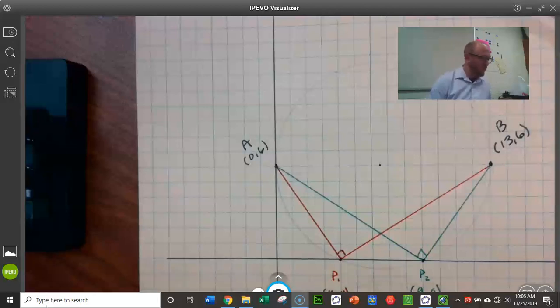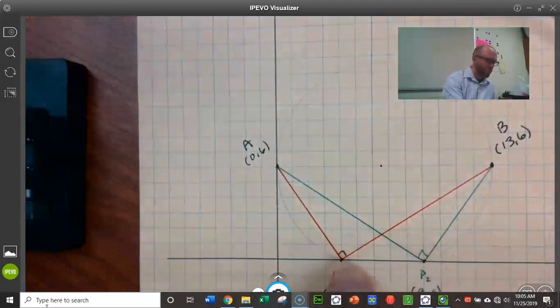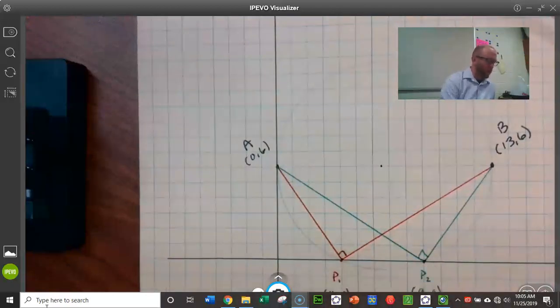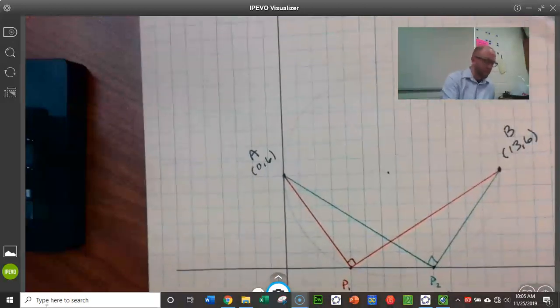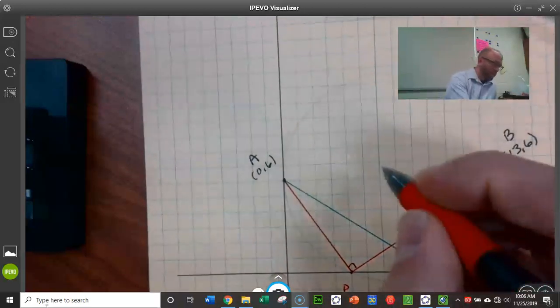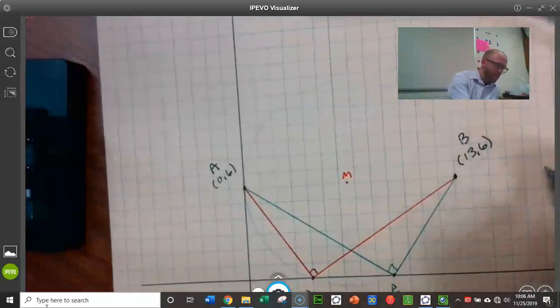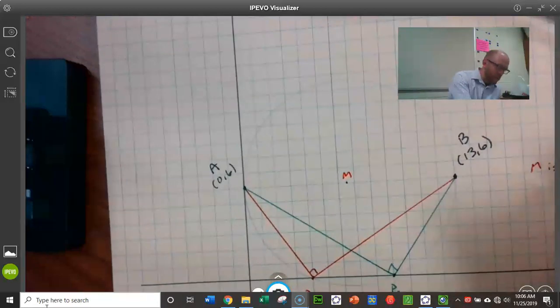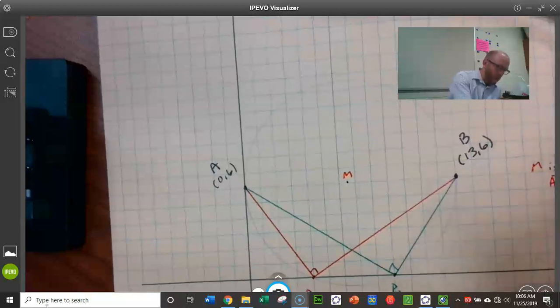So here's what we need to do. First of all, the point's going to be on this circle, and the point is going to be on the axis. So first we have to find where the circle is. Well, the center of the circle is going to be the midpoint of these 2. So if we were going to find that midpoint, we'll call that M. So M is the midpoint of AB.